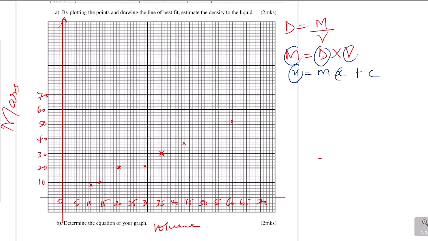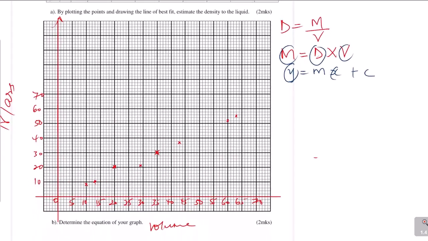So 61, 62, 63, 55. Somewhere there. And then the last one is 70, 70. So those are the points.